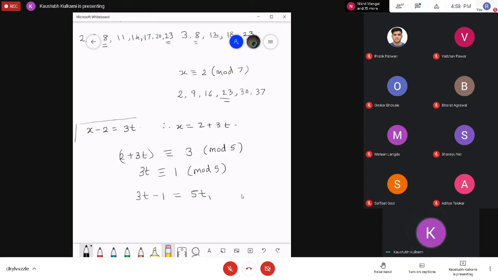Hold on to this. x minus 2 is 3t. Now we have 3t minus 1 is 5t1 after substituting into the second one.